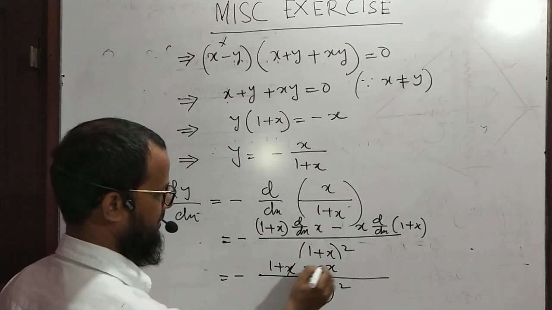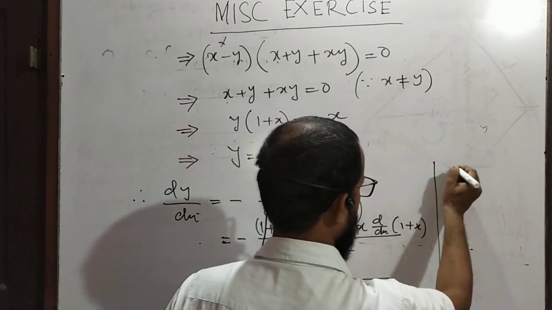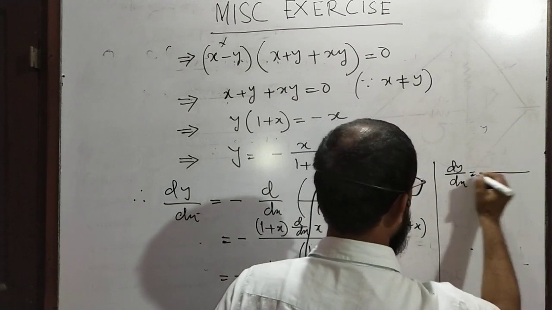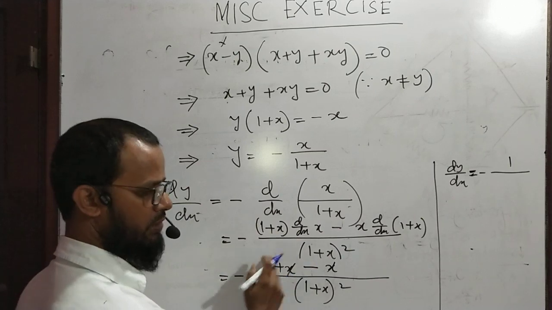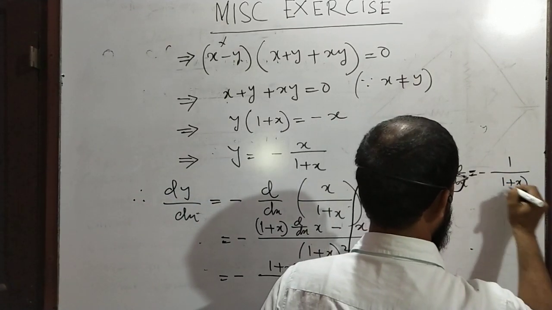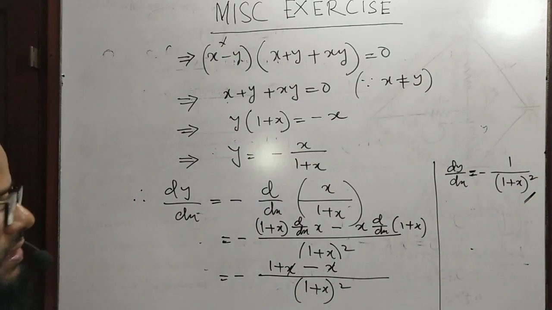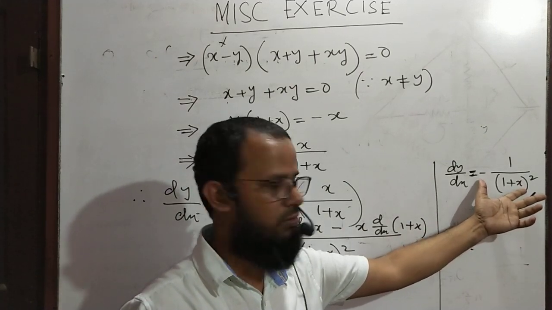So finally this x and that x cancel, and your result is dy by dx equal to minus 1 by 1 plus x. The numerator has 1 remaining. So this is our final destination, which you were going to prove. So we reached it. Hope that you understand.